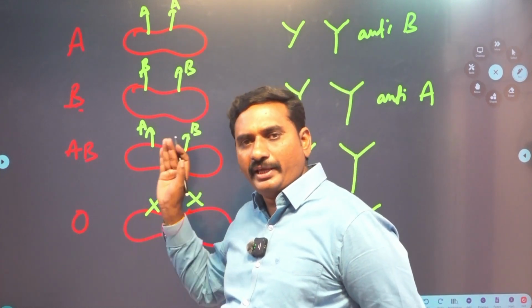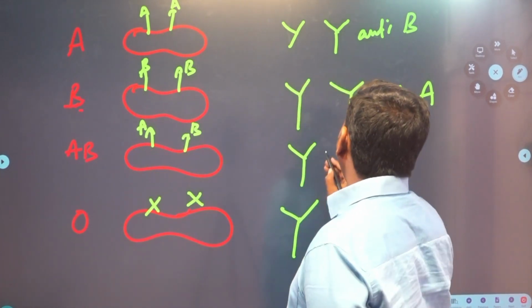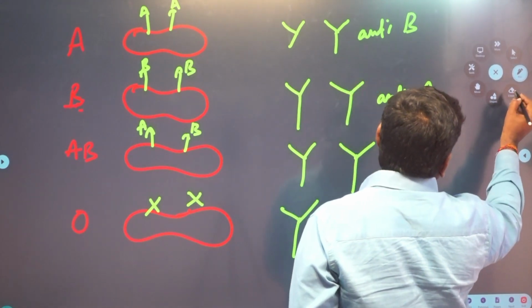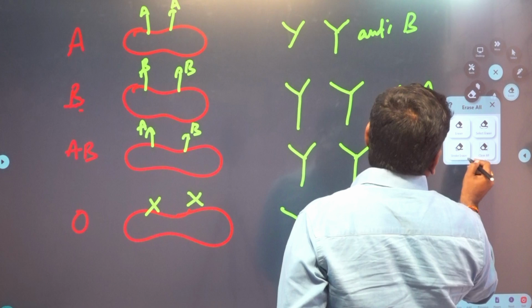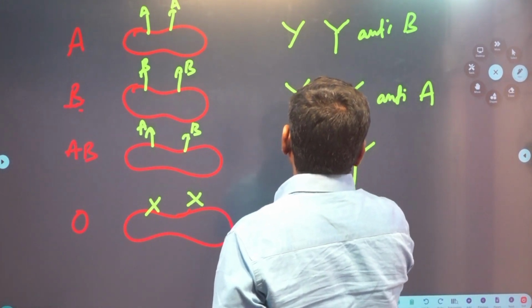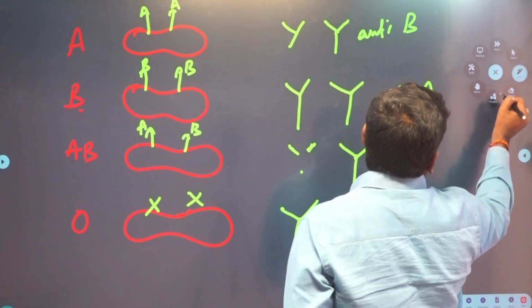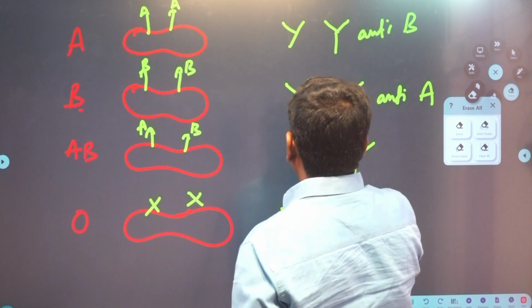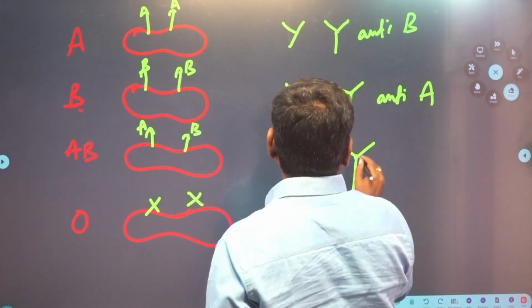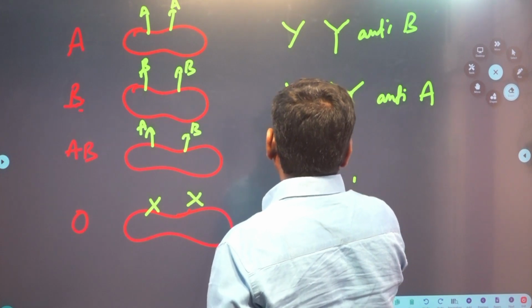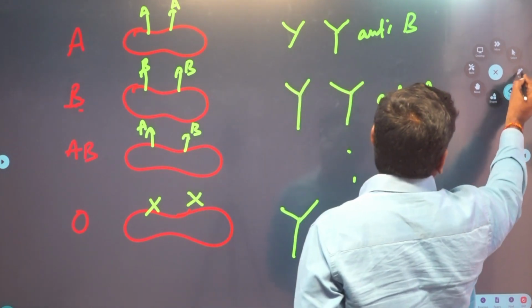In the AB blood group, antibodies are absent; there are no antibodies in their plasma.